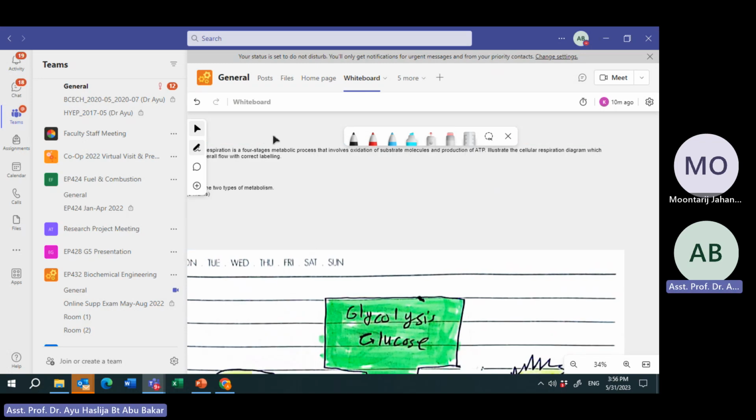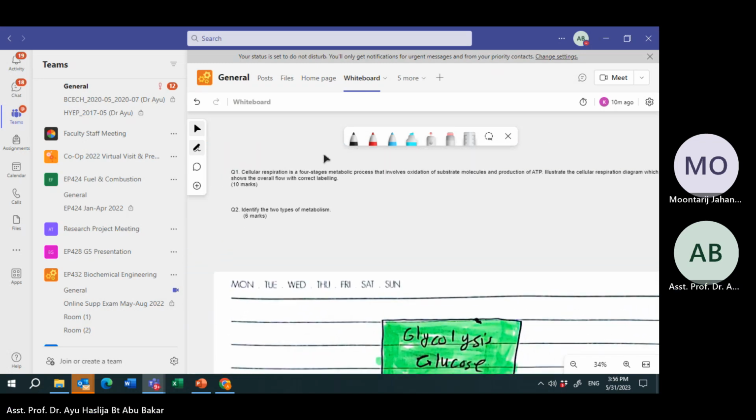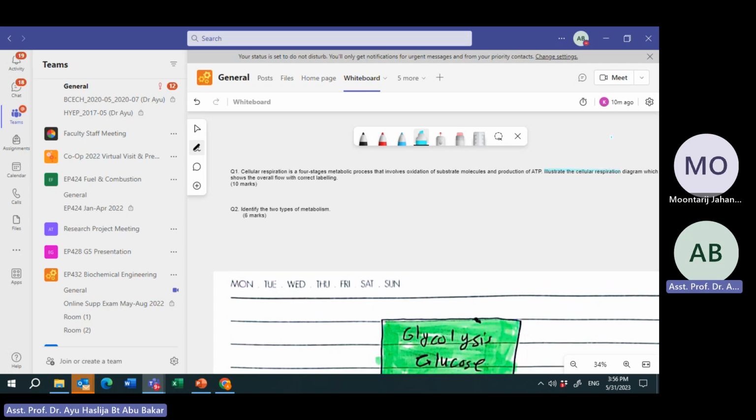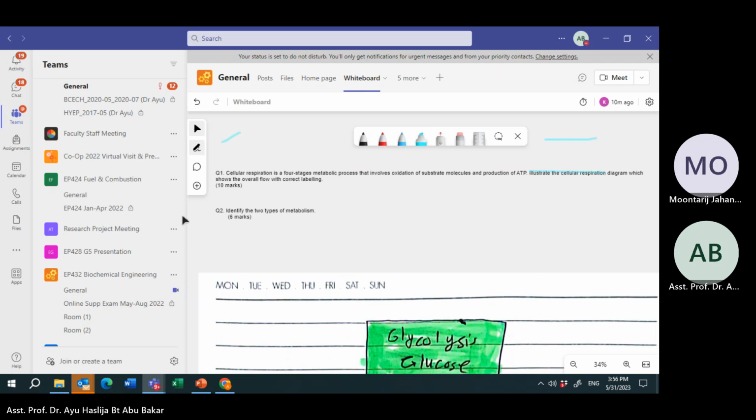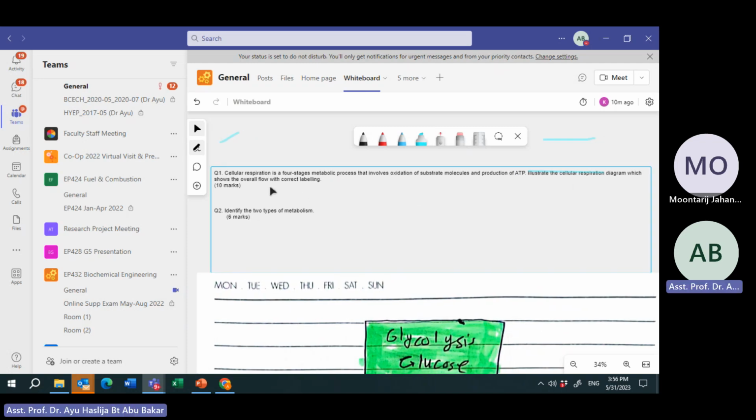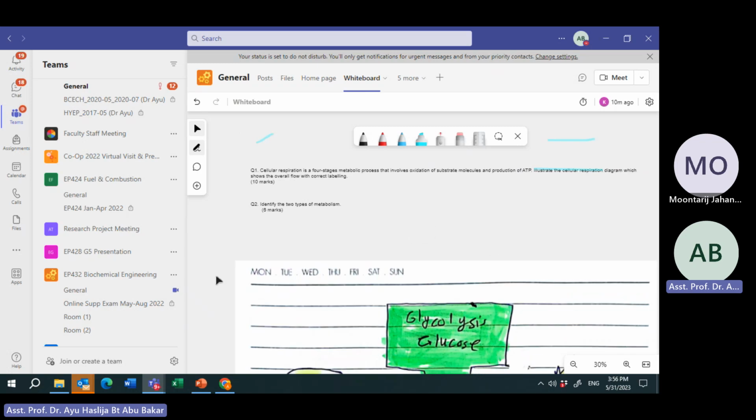Okay, question 1, it asks you to illustrate the cellular respiration diagram which shows the overall flow with correct labeling. Okay, with correct labeling.